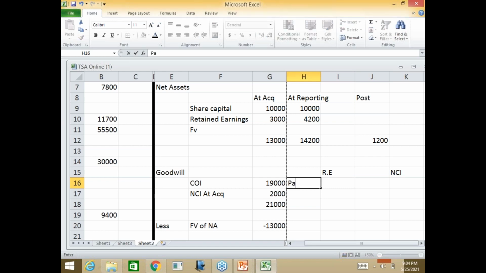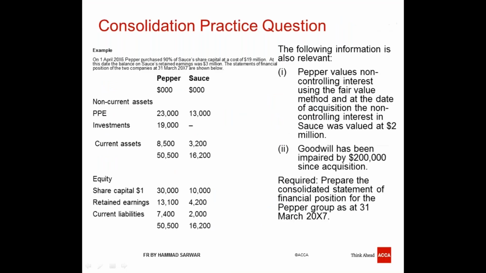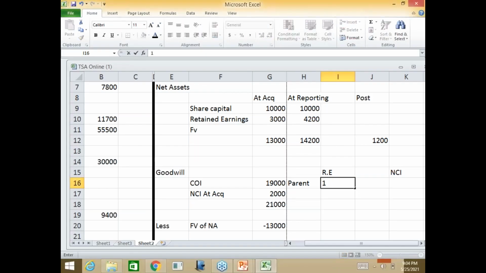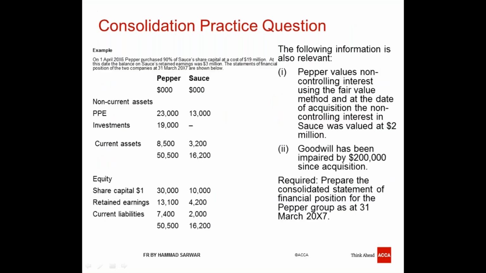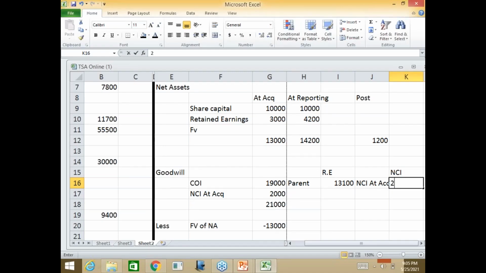Retained earnings of the parent company should be reported first, which is 13,100. Then we need to take the NCI at acquisition. It is 2,000. Then the subsidiary's post acquisition profit is 1,200.